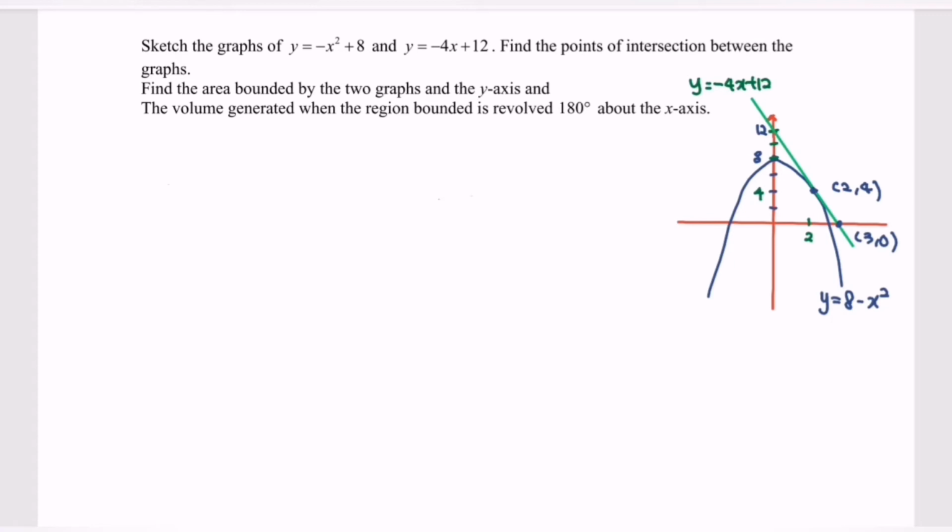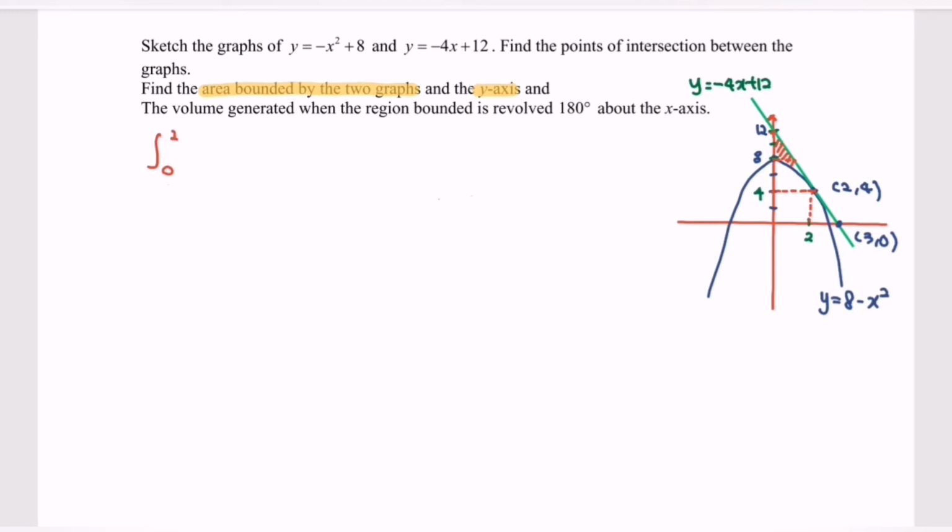So now find the area bounded by the two graphs and the y-axis. So the region will be here, where we have 4, 8, and 12. Find the area bounded by the two graphs and the y-axis. So here, our formula will be integrate from 0 to 2.